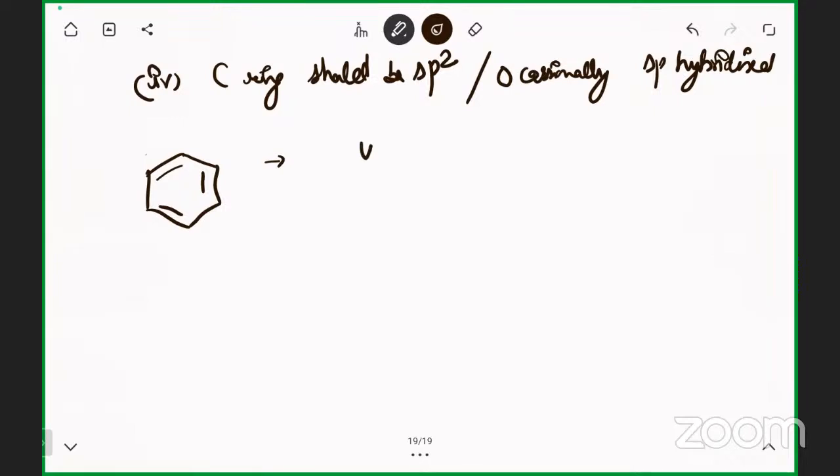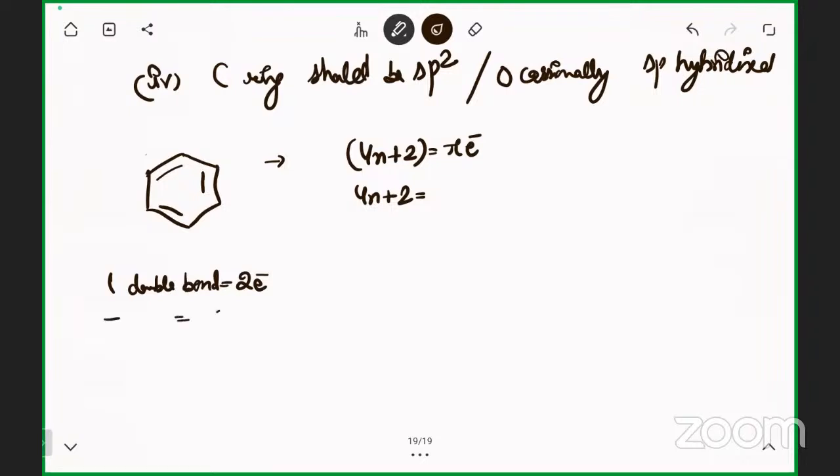So if I use Huckel's rule here, 4n plus 2 equals the pi electrons. How many pi electrons are there? You can remember, one double bond is equal to 2 electrons. One minus sign is also equal to 2 electrons.